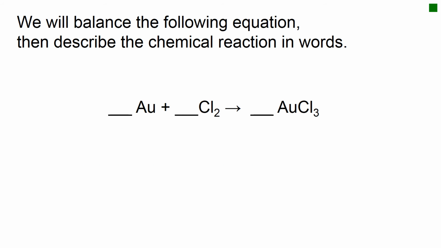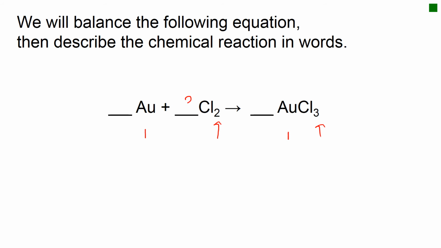Okay, so let's do this one. I'm going to balance the following equation and describe it in words. All right, so let's do this one together. I'm going to use a different color pen just because I can. So I have one gold on the reactant side and one gold on the product side, but I see that my chlorine, I have 2 and 3. I immediately know the lowest common denominator between 2 and 3 is 6.